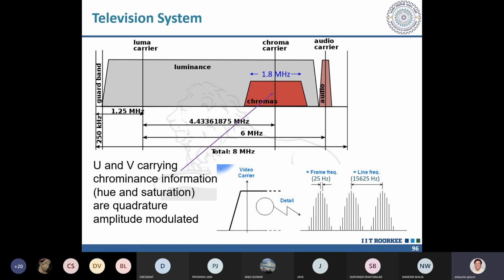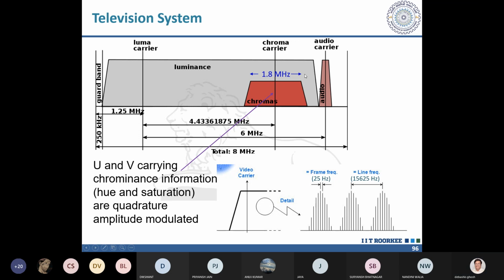This is the luminance. As I said in the last class, vestigial sideband is used. A 1.25 megahertz vestigial sideband is there, and this is where the actual luminance Y signal is transmitted.